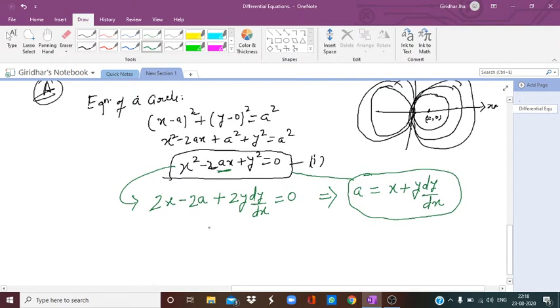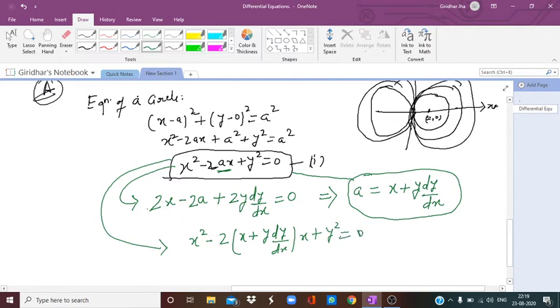So now we'll put the value of a into equation 1, and that is going to be our differential equation. So x square minus 2, in place of a we'll put x plus y dy by dx, into x plus y square equals to 0. This is going to be our differential equation.